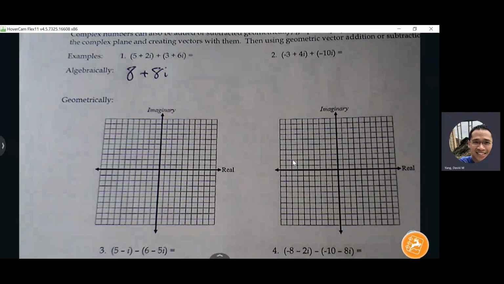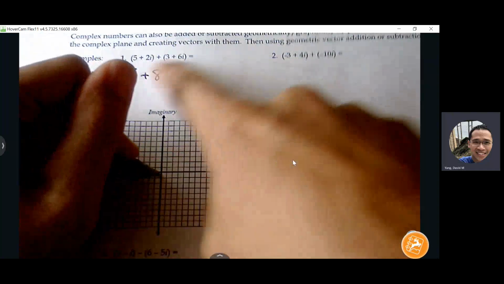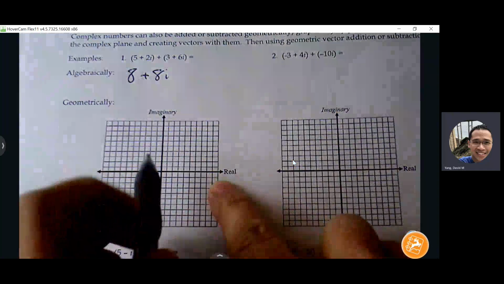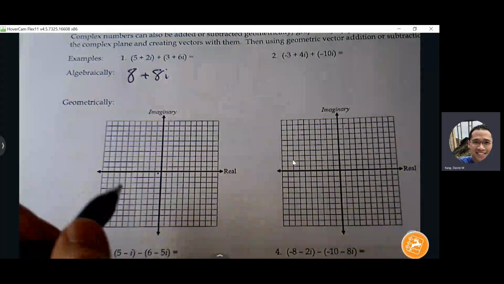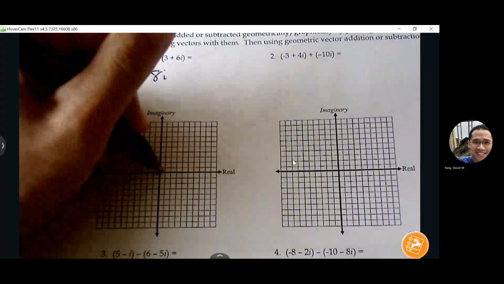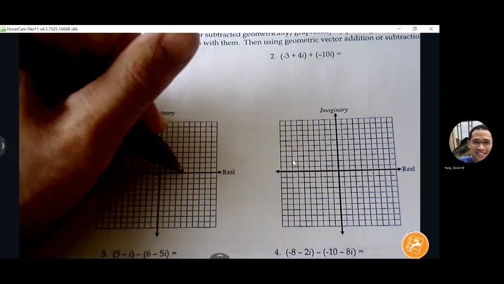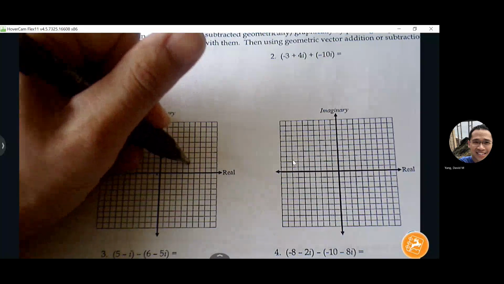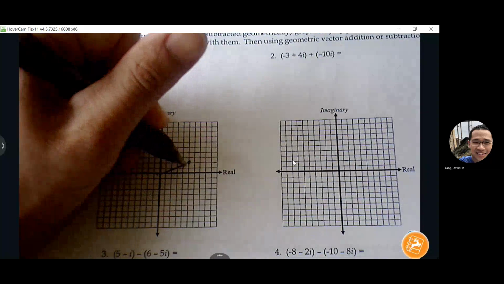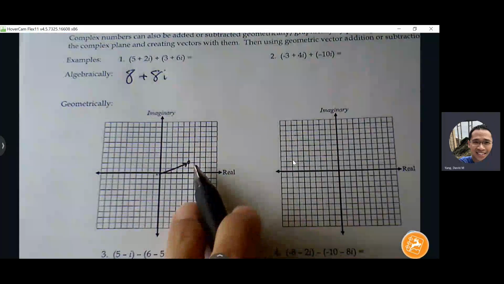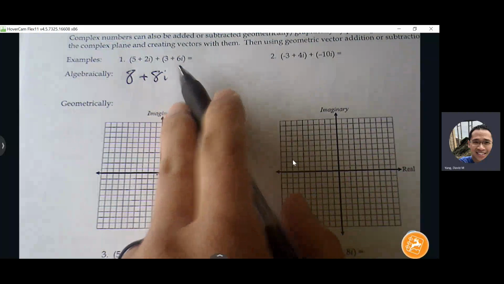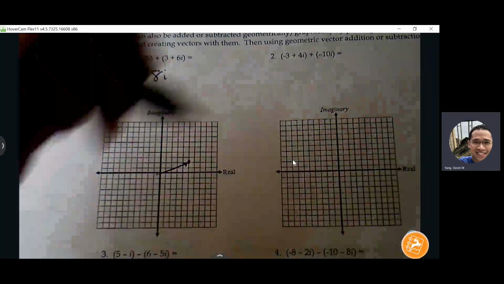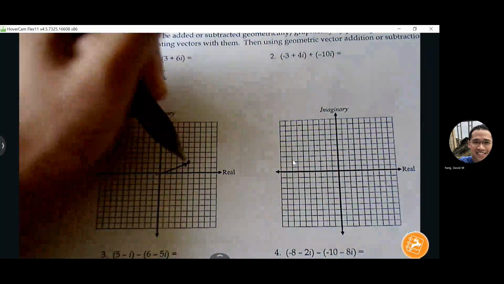So we'll start with 5 plus 2i. Start at the origin. We're going to go 5 to the right, and then 2 up. And then we're going to pick up where we left off. 3 plus 6i, so to the right 3 and up 6.